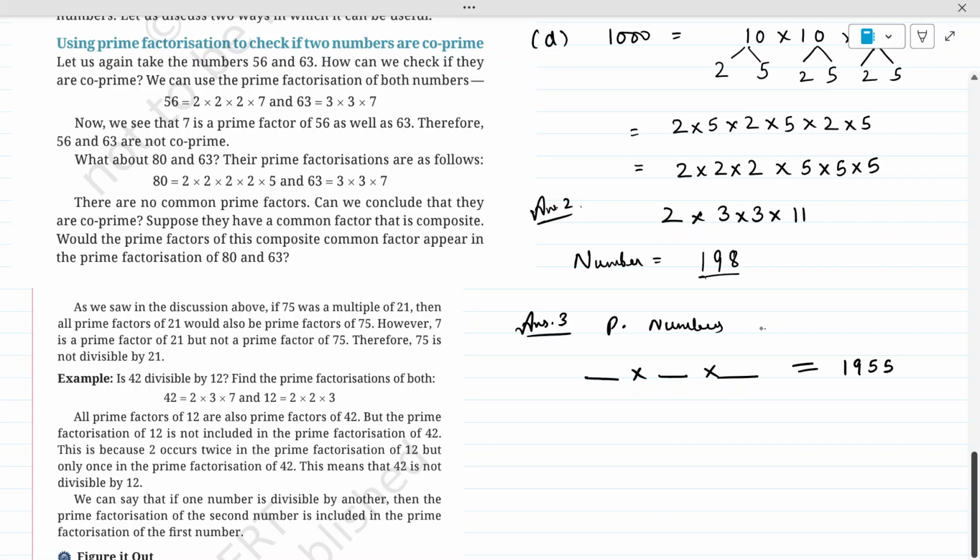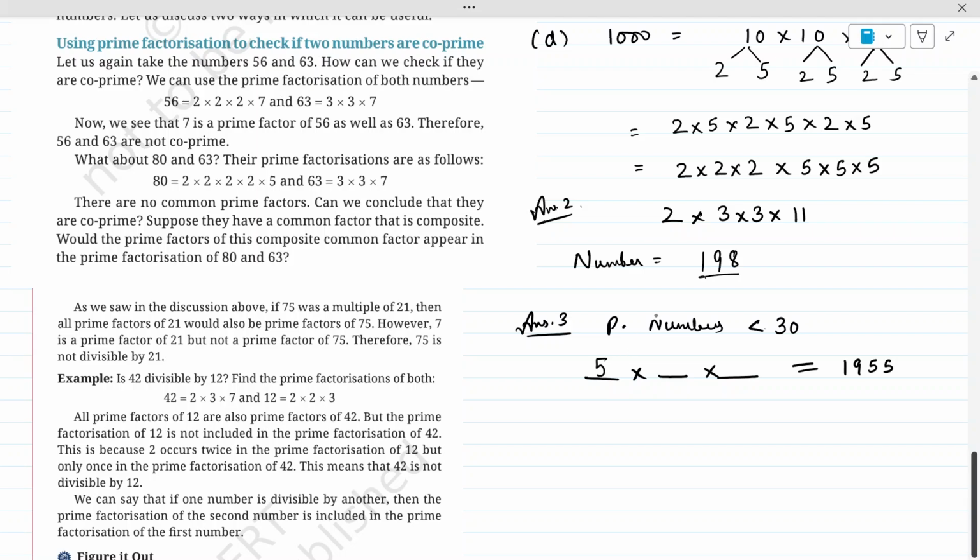Prime numbers should be less than 30. This is also given to us. So kids, if you see this number, we can very well identify that this number is divisible by 5. That means 5 will be one of its factors. So I can straight away write 5 as one of the factors.